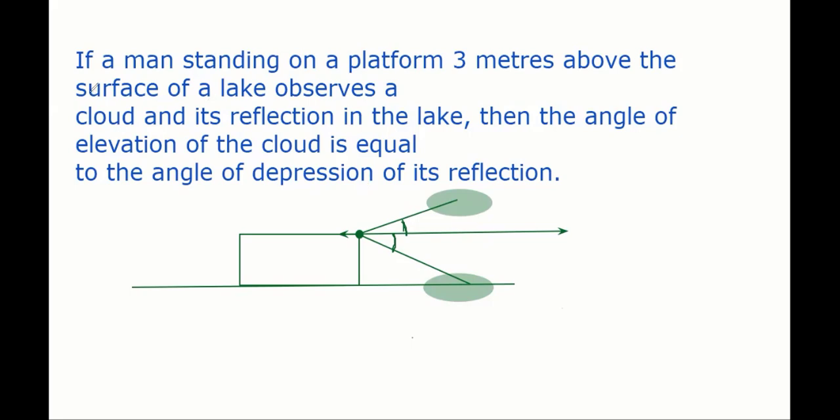Because the lake is only 3 meters down, and clouds can't form less than at least 1 kilometer above the ground. See, 3 meters is this. Cloud will be too high, right?